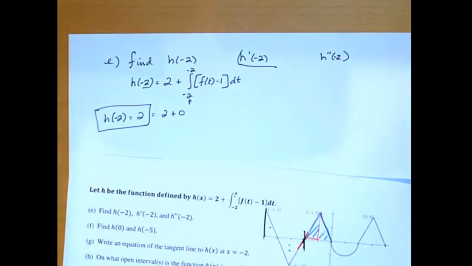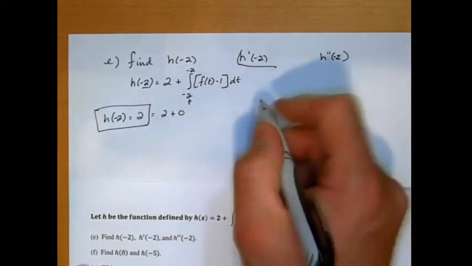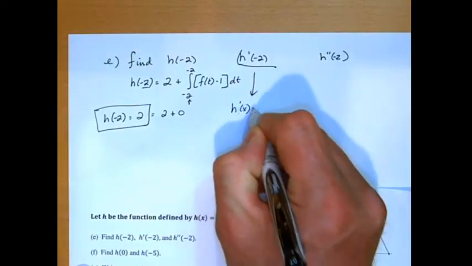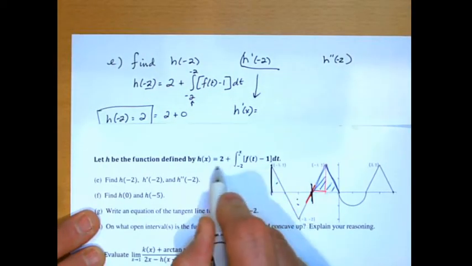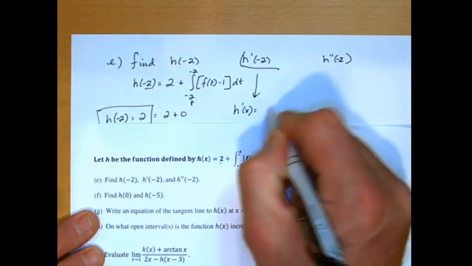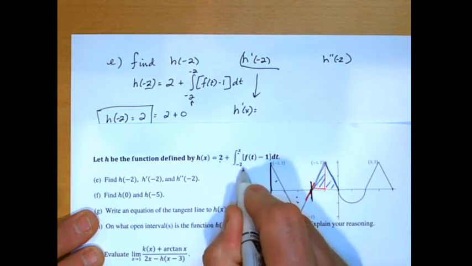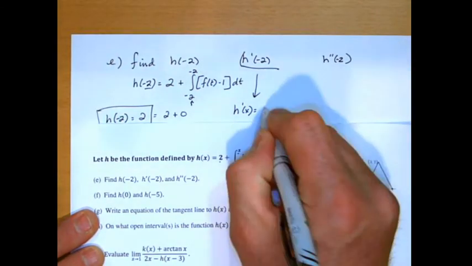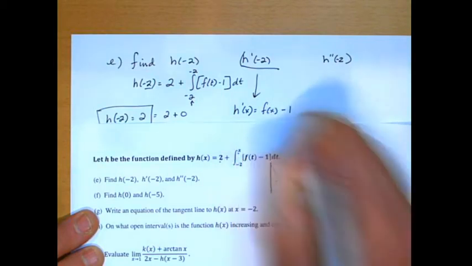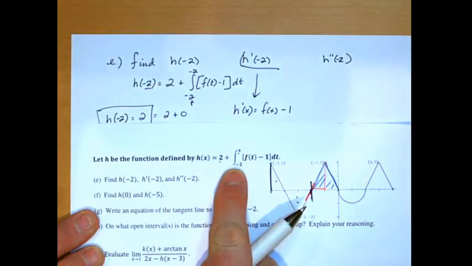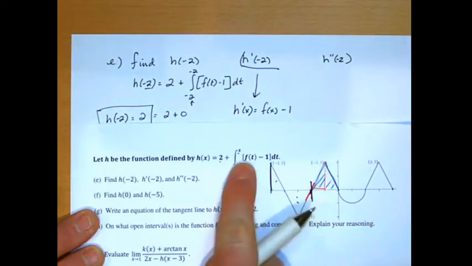All right, so h prime of negative 2. I need h prime of x, which means I need to take the derivative of this function. The derivative of the constant is 0, plus the derivative of the integral, which is f of x minus 1, because when I take the derivative of an integral, it cancels out.